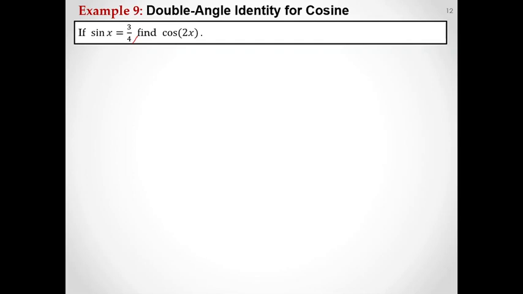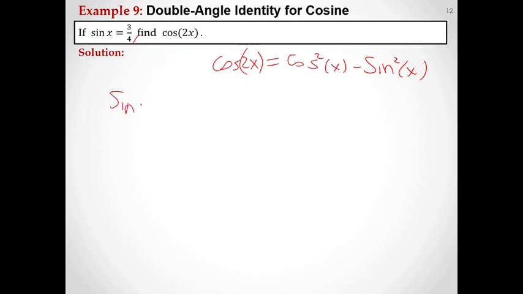For cosine 2x, we have to remember the formula: cosine 2x is cosine squared x minus sine squared x. Now, what is sine x? Sine x is 3 over 4, and we can directly write it here.